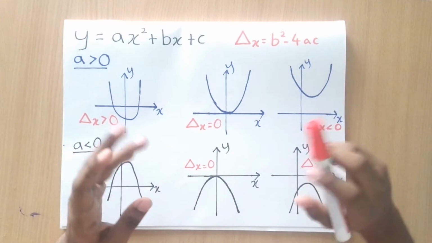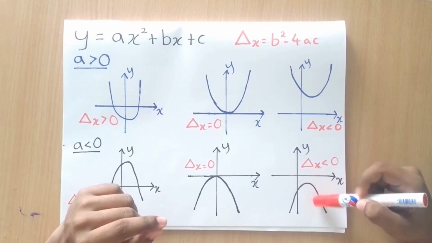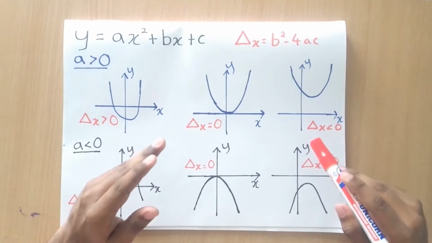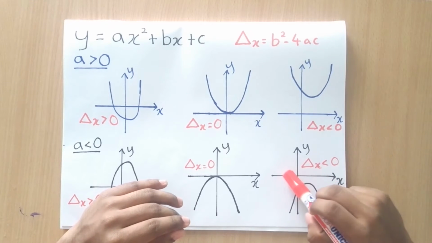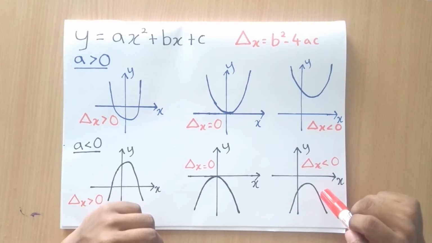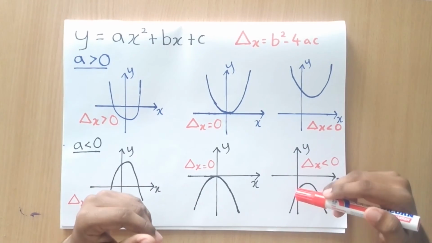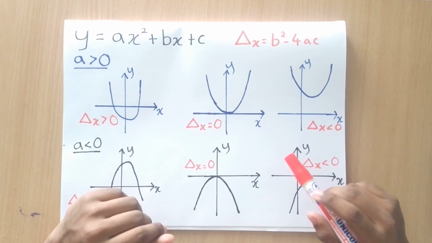Similarly, if you are told that the function is always negative, then it has to be this type of curve. And here also there are no x values when y equals 0. This way you will know the properties of the curve and be able to solve the question easily.